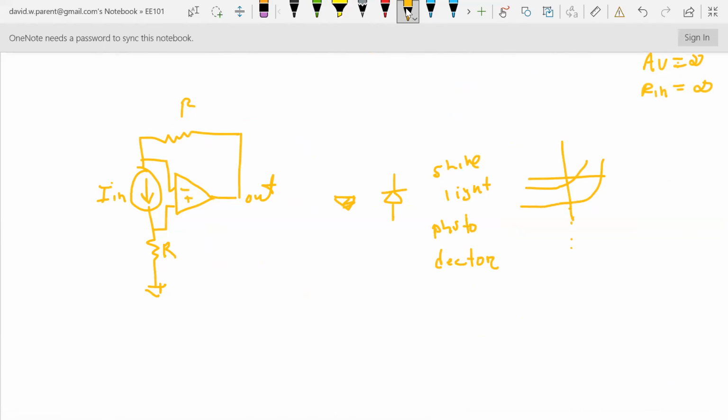Well, I can't necessarily, I'm like, well, there's an R, but then there's not an R over here. It doesn't look like anything I've ever seen before, but it's ideal. And notice, R is providing feedback from out to V minus and V plus, right?